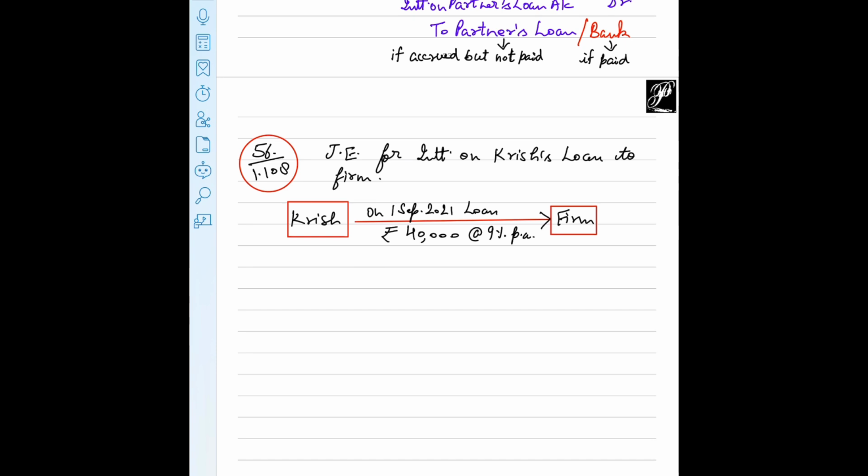The accounting period is a financial year which ends on 31st of March of the next calendar year. Because the loan has been given on 1st September, the loan interest duration in 21-22 shall be from September to 31st March: September, October, November, December, January, February, March, equals 7 months.